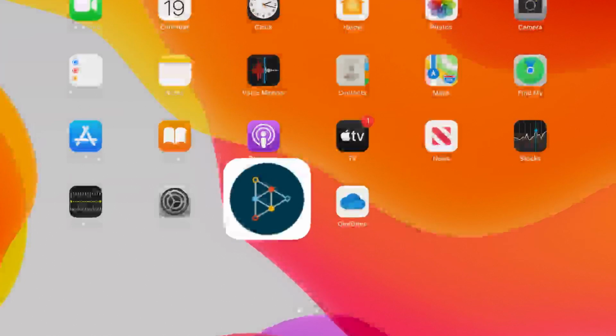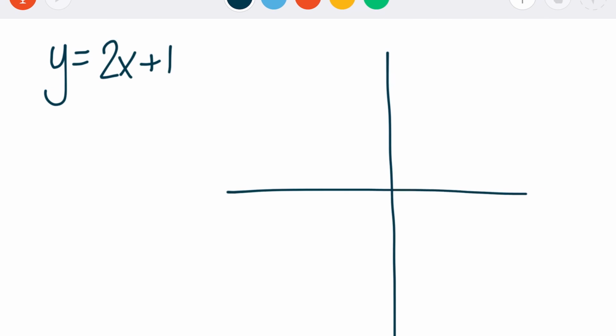Let me give you another one. Let's go back to this one. Y equals 2x plus 1. My y-intercept would be 1.